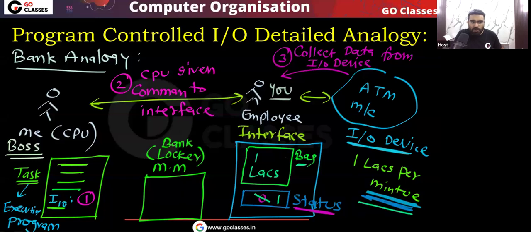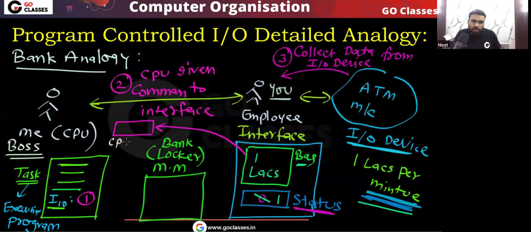Now what will this manager do? This manager will take this 1 lakh rupees. Where will it go? It will go to the CPU register first. Here you have the CPU register.